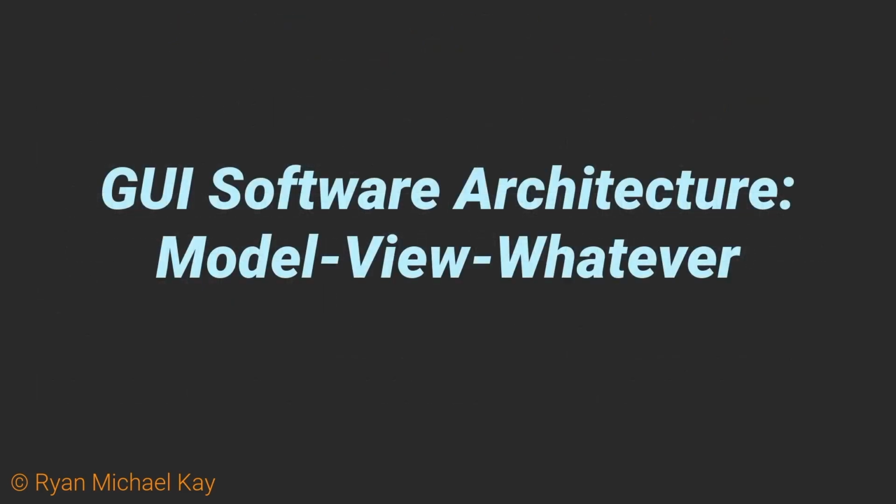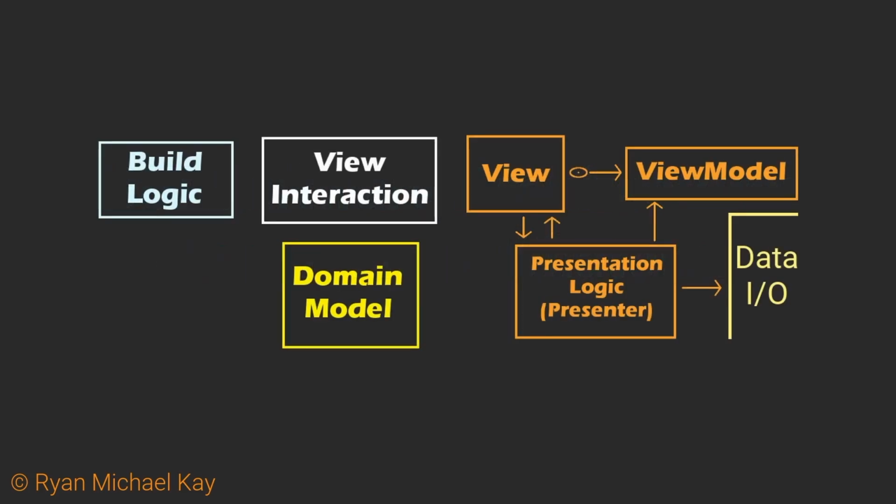This application uses model view whatever architecture, which is my way of saying that I don't follow anyone else's style. Having studied this topic for many years, I let the project requirements and my understanding of the principles of good software design guide my architecture. In this case, I find that Compose is made for an MVVM-based approach, but I added a presentation logic class for a specific reason.